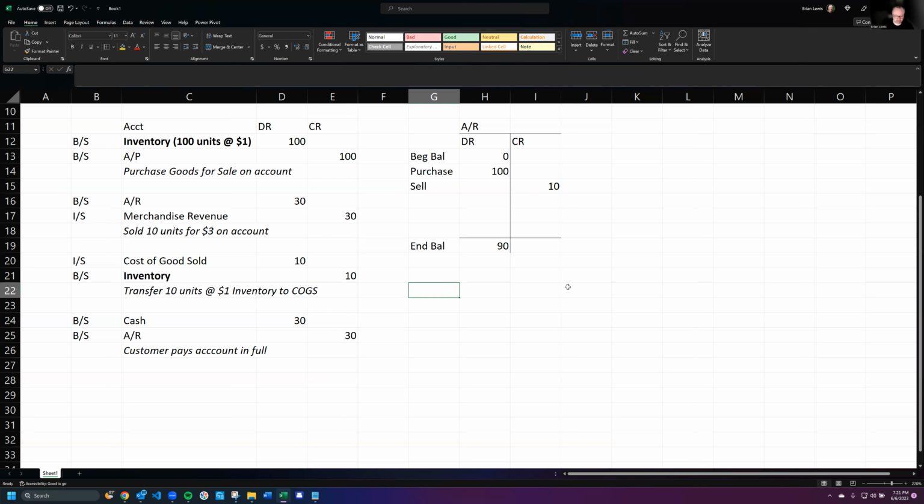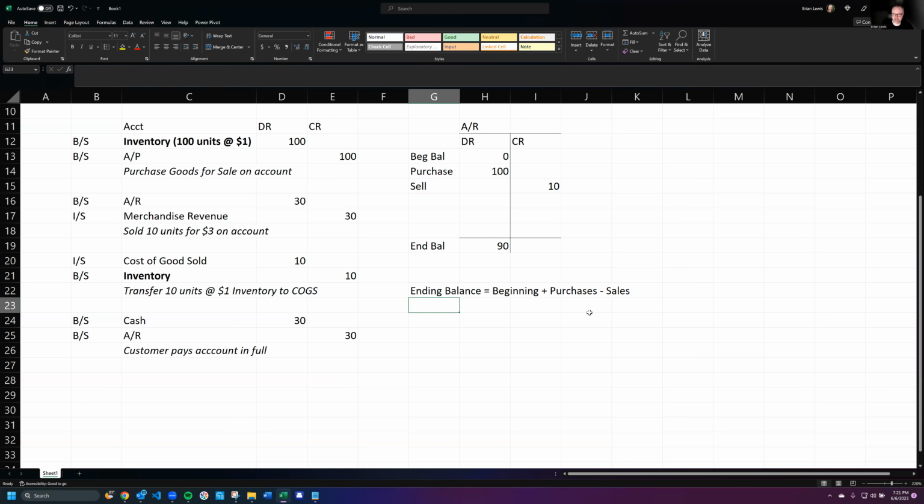Now, if you write this out, there's a couple of ways of doing this. Ending balance equals beginning plus purchases minus sales. That's your basic formula.